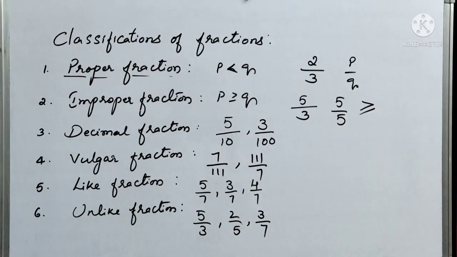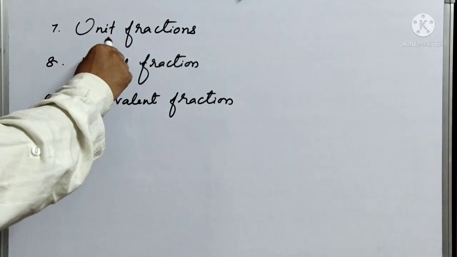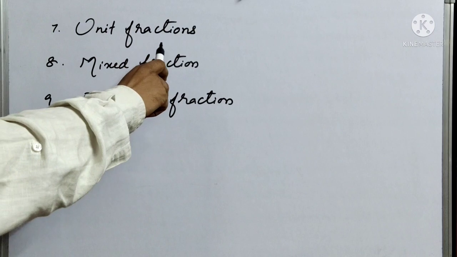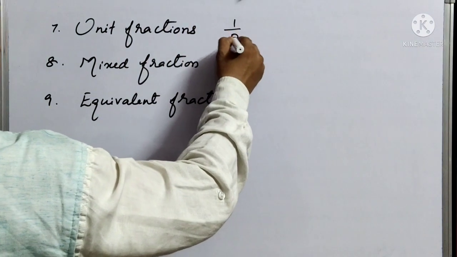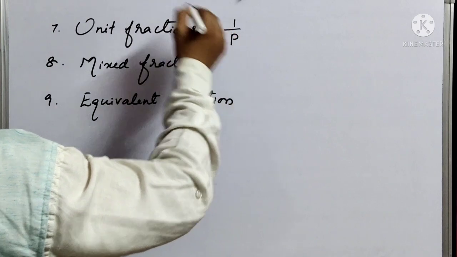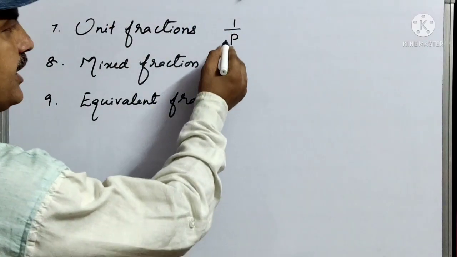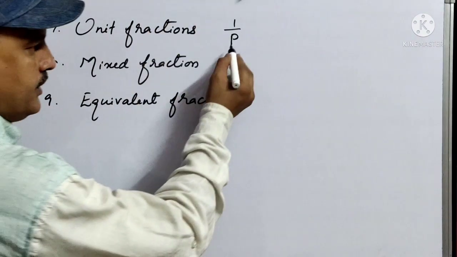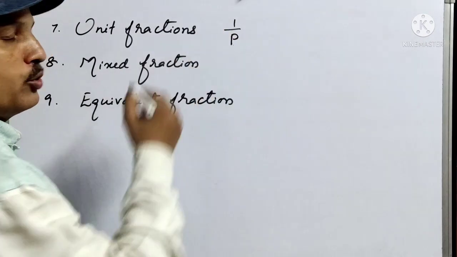We will discuss now. Okay children, now coming to unit fraction. What is a unit fraction, children? A fraction of the form 1 by p. Here, if you clearly observe, p is any natural number, but I wrote the numerator as 1.